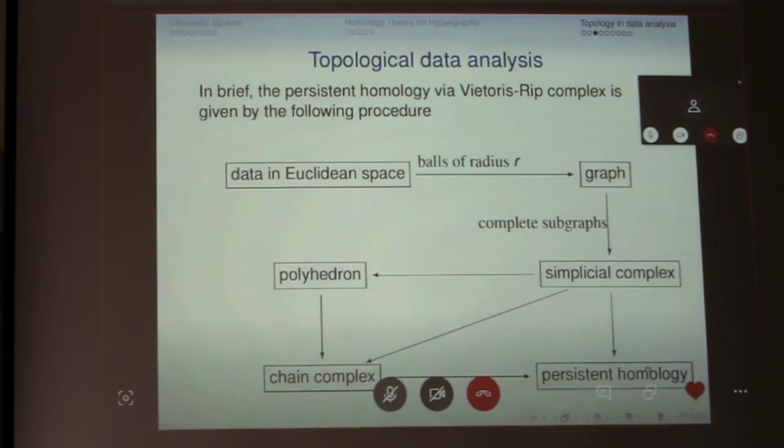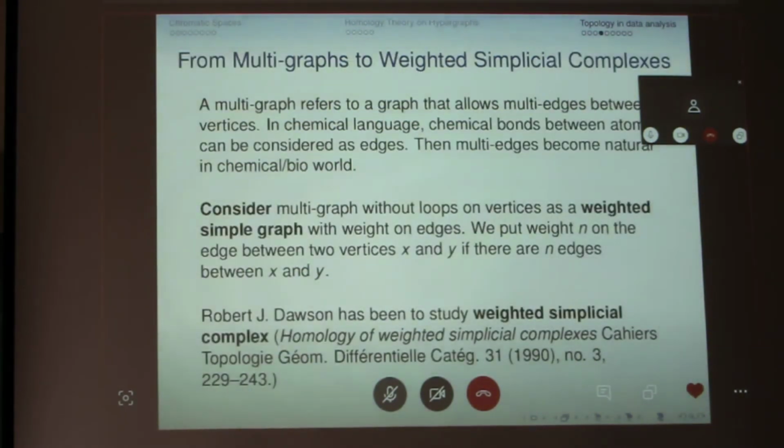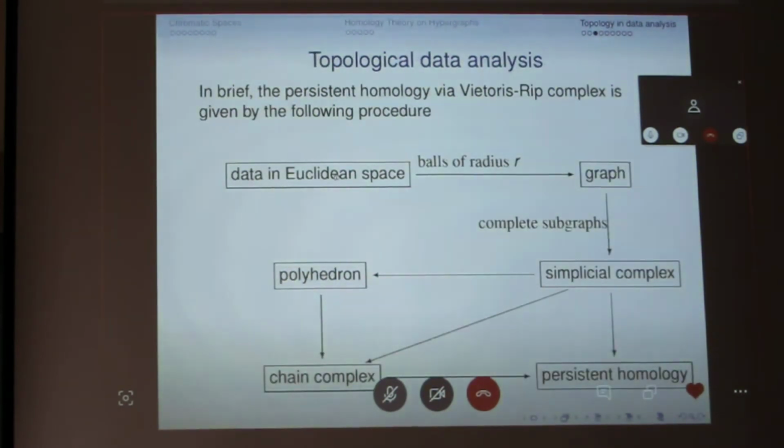Now we actually did several works, which I will just mention. One thing we try to do is to look at the weighted simplicial complex. Maybe your data has some weight, not balanced. So some points will be more important than others, maybe less important than others.